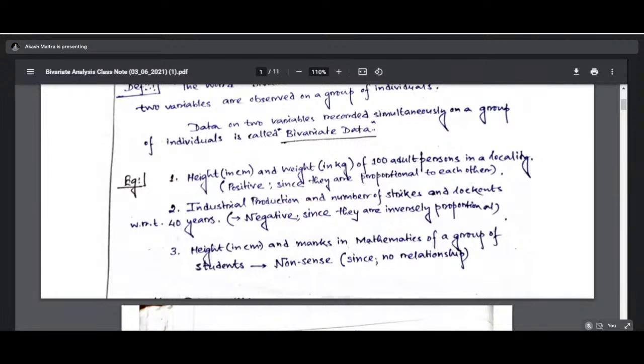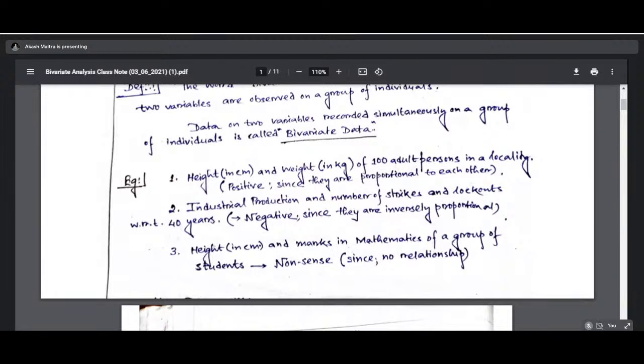If I consider 40 data points on 40 years, we can easily understand that if the number of strikes is higher, then production will always be less, since there are fewer work days and a poorer work culture. So industrial production will be lower than in those factories where the number of strikes and lockouts in that locality is less.